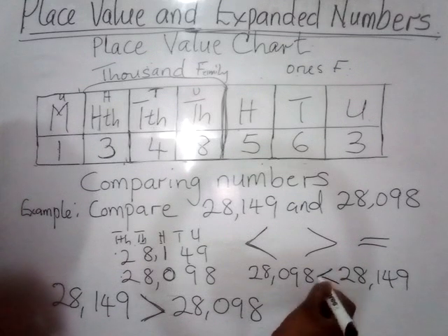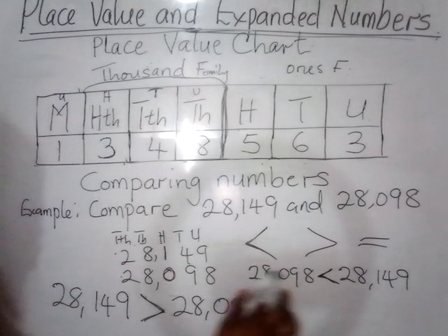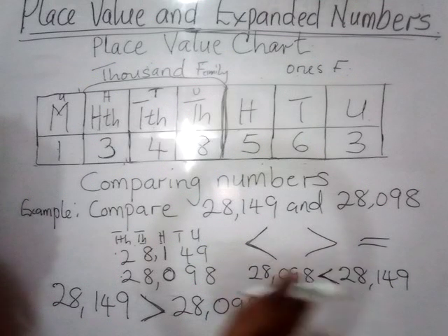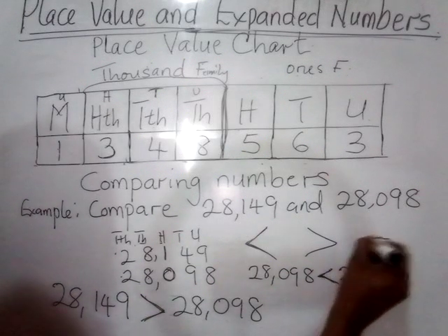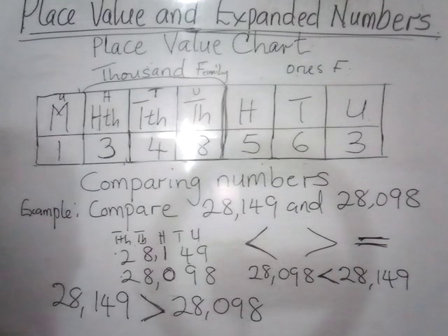This is how it will be written. Why? Because I have written the smaller number first, so we use the second symbol. But if we write the larger number first, the symbol goes this way, because the mouth of the crocodile is always open towards the larger number. And then this third sign we have here is the sign of equal to. You use that for two numbers that are exactly the same.